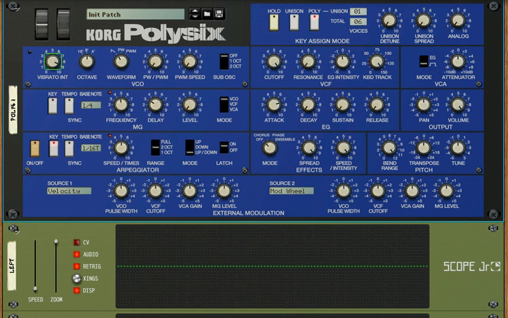I'll go through what it can do probably in a few videos, but essentially what you're doing in having these rack extensions or any old VST plugin really is restricting yourself to the capabilities that the hardware had at the time, because that sets the sound, if you like. The sound is restricted by the capabilities of the machines back then.